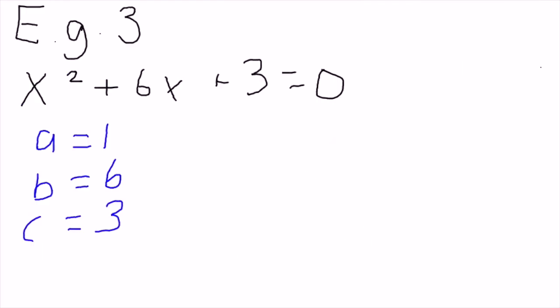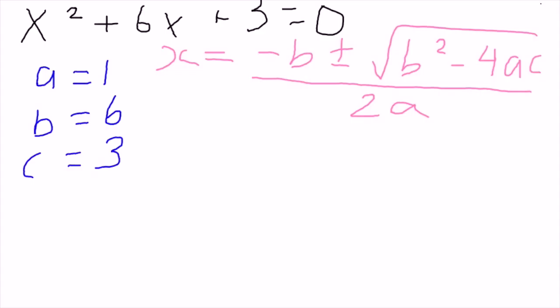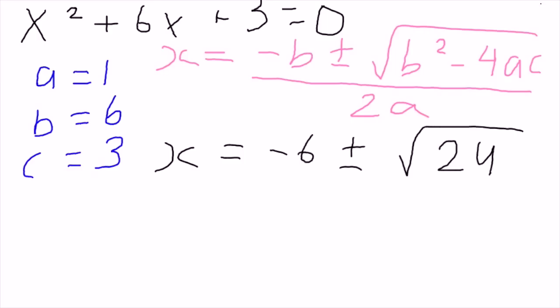This can also be seen when we use the quadratic formula, which is x is equal to minus b plus minus root b squared minus 4ac over 2a. So if we substitute in the values for a, b, and c, we get x is equal to minus 6 plus minus root 24, as we got from before, over 2 times 1, which is equal to 2.